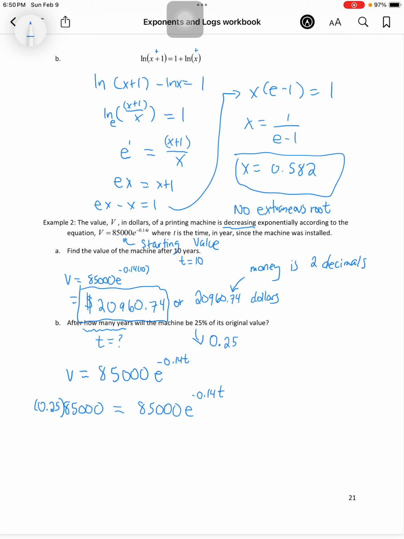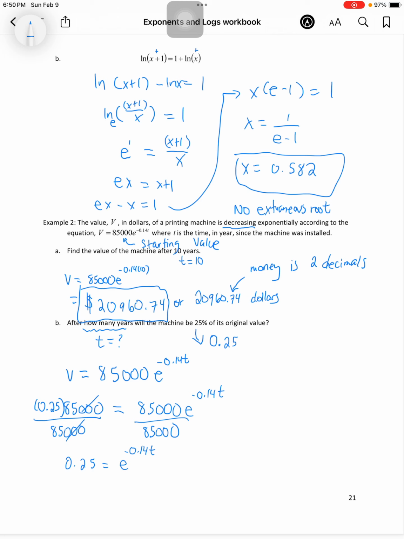So you're going to get rid of the 85,000 first. You're going to divide both sides by 85,000. That's why I didn't get you guys to simplify this yet, because now it makes your math a whole lot easier. Because the 85,000s now cancel, and now you're left with 0.25 equals e to the negative 0.14 t. And now this is a lot less intimidating to work with.